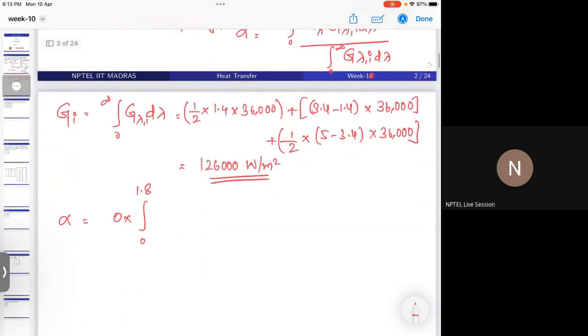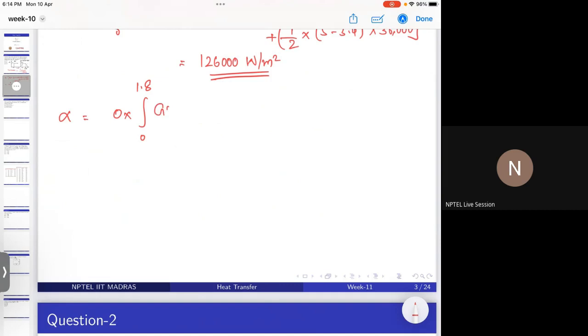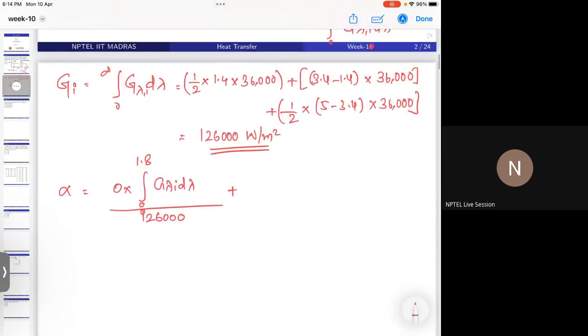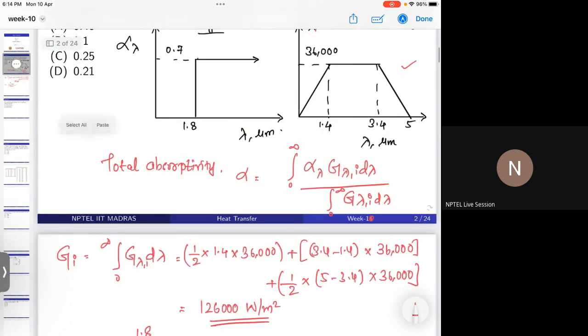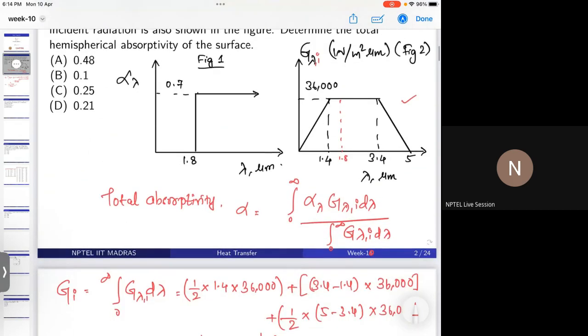Up to 1.8, the alpha value is 0. Then it is constant for the rest of the spectrum, that is 0.7 for lambda greater than 1.8. Up to this much there is no absorptivity, so we have to consider the irradiation from this lambda value.